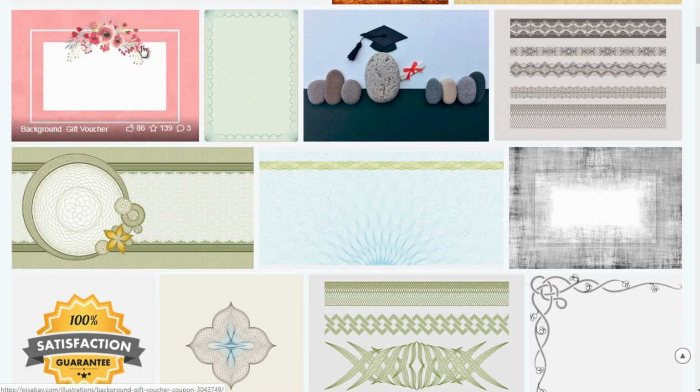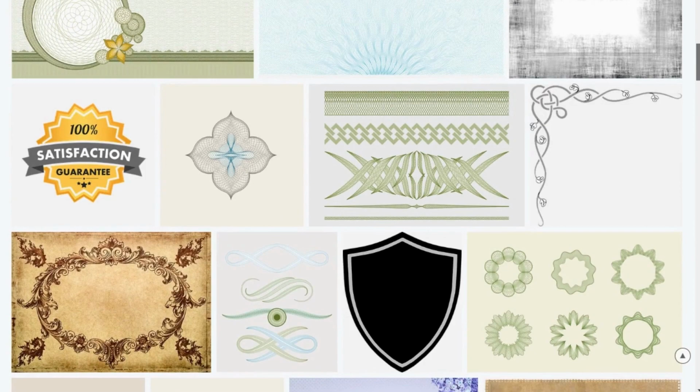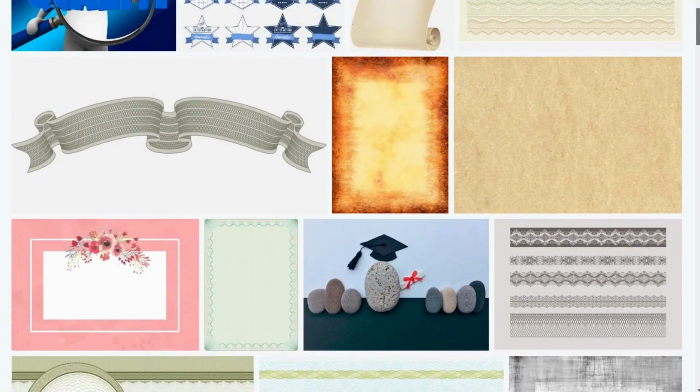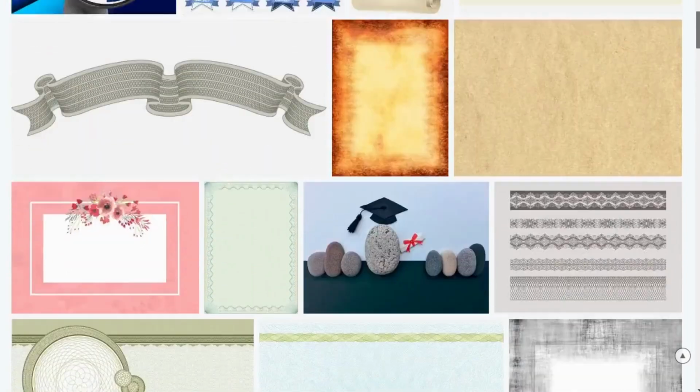So it's okay to have some words, but you do want to have some bare spots. For example, if you had a certificate that had a lot of words like this, that would not work. All you need to do is simply download one of these.